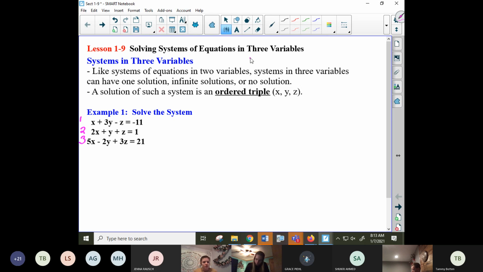And I look at which one has the smaller numbers in front of, or are there any that would just naturally cross out? And if you look at equation 1 and 2, your z's would cross out. And the number in the third one is just a 3, so that'd be easy to work with. So what I'm going to do is decide to eliminate my z's.